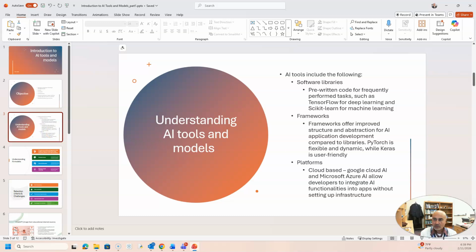So let's talk about some of the AI tools that are involved. AI tools include things like the software libraries, the frameworks, and the platforms for AI application development and deployment. These technologies simplify some of the complex computing procedures so that developers can focus on problem solving rather than the technicalities.